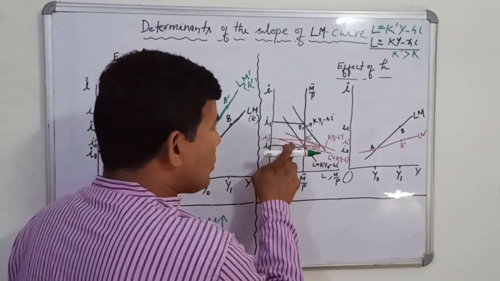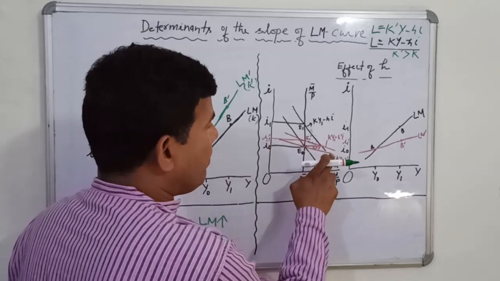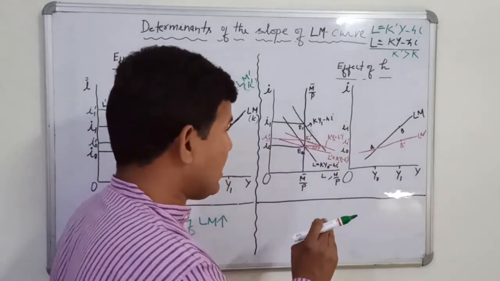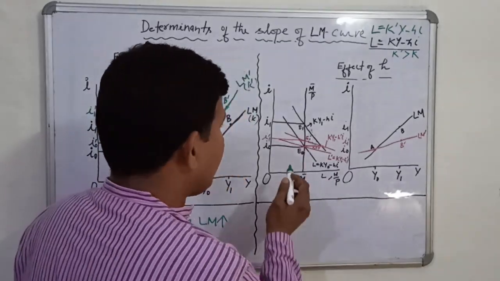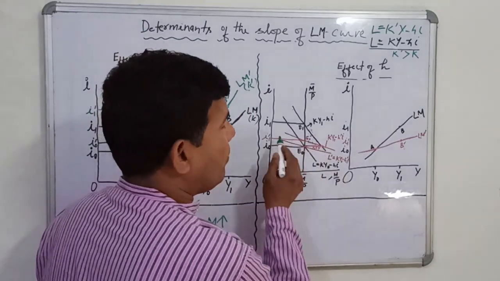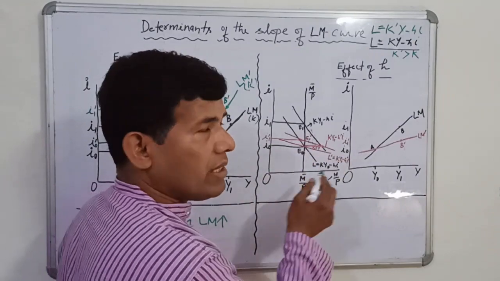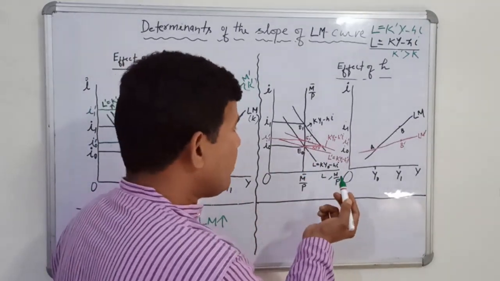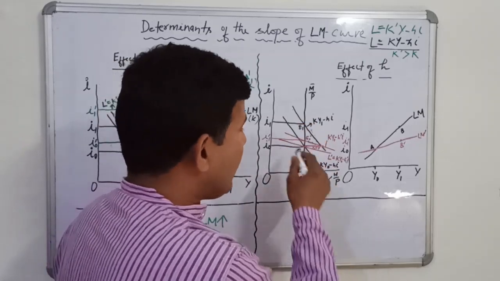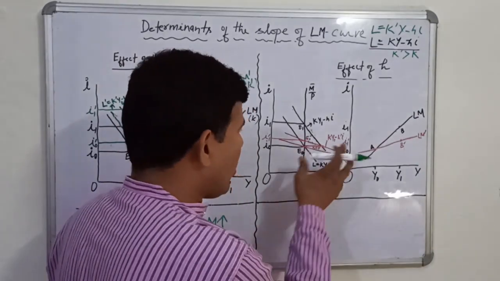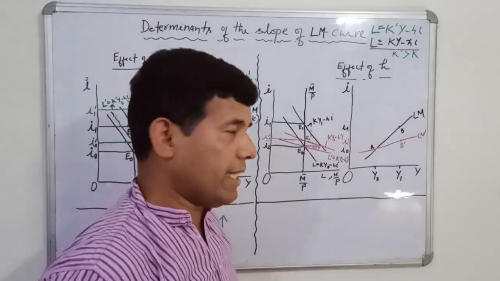It is the slope of the money demand line that reflects the value of H. If H is very high, generally we will find that the money demand line is flat, right? That means a little change in the interest rate would cause more change in money demand. And if the value of H is smaller, the slope of the money demand line is steeper. So this is what determines the slope of the money demand line, right?